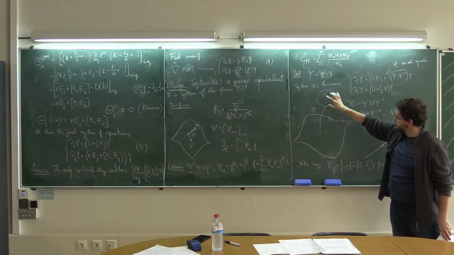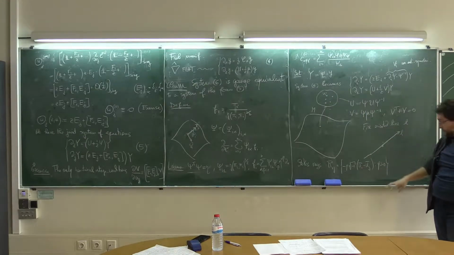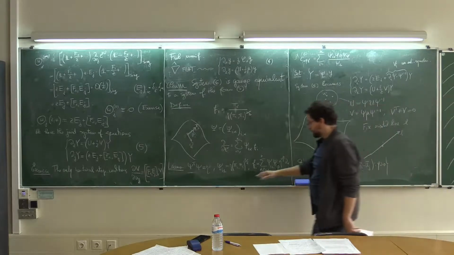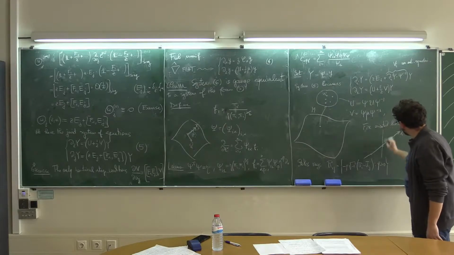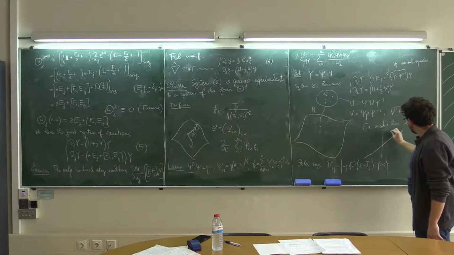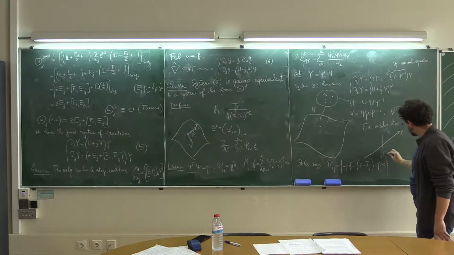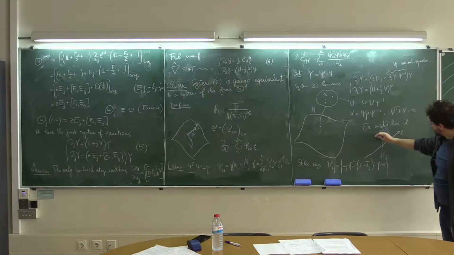To this configuration of canonical coordinates, I can attach a configuration of Stokes rays. And these Stokes rays, R_ij, R_ji, are such that, and we may also have others.